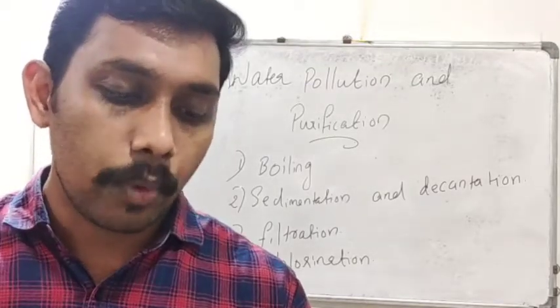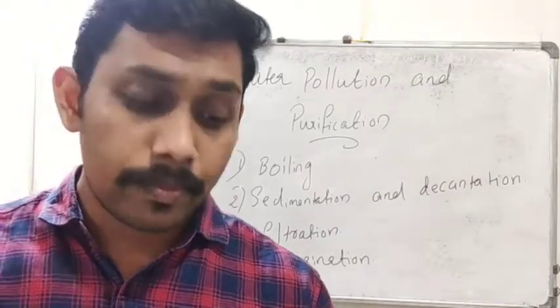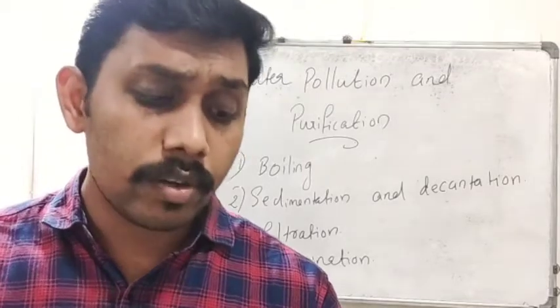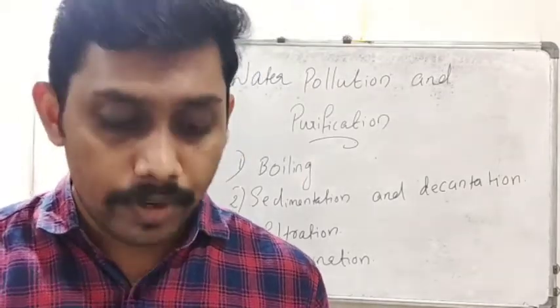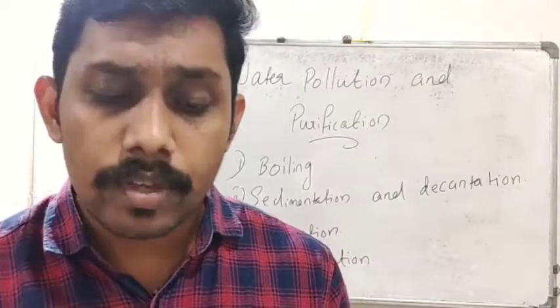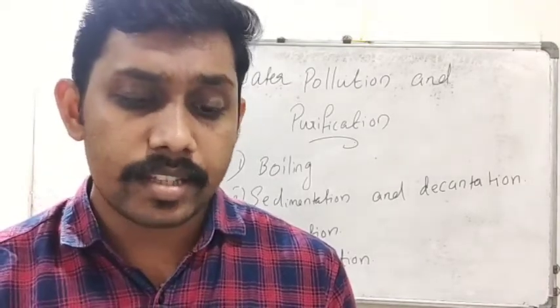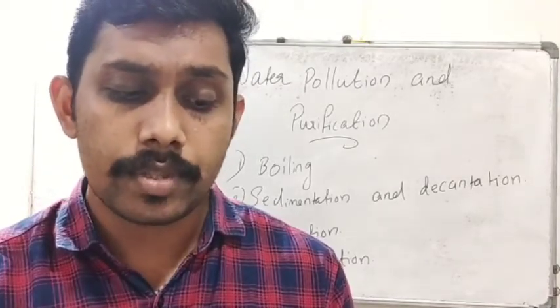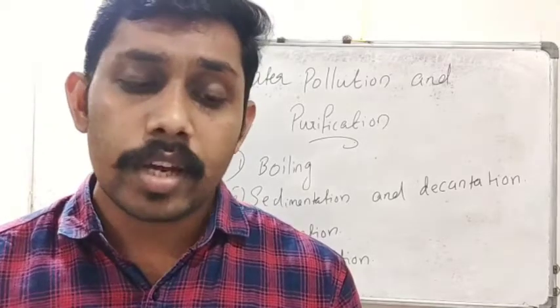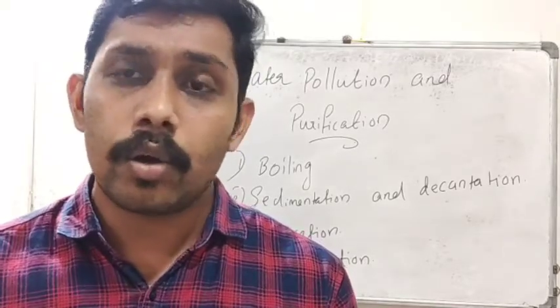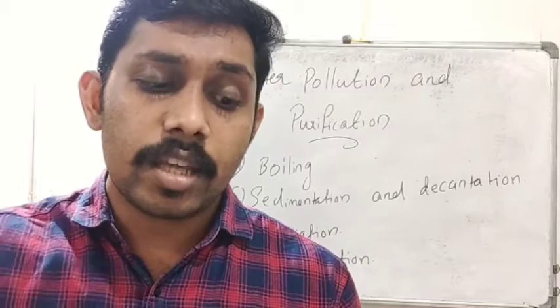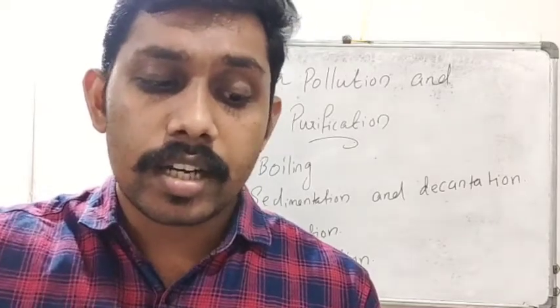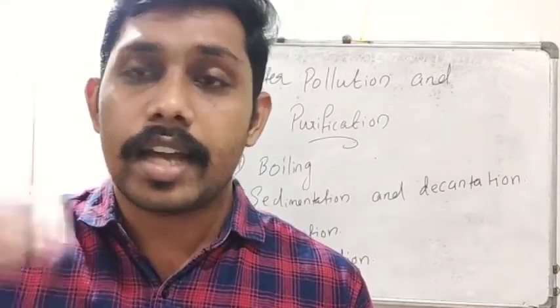Sedimentation and decantation are processes in which impurities that do not dissolve in water are separated. The water with the impurities is left undisturbed for some time. The insoluble impurities, called sediment, settle at the bottom and clean water collects at the top.